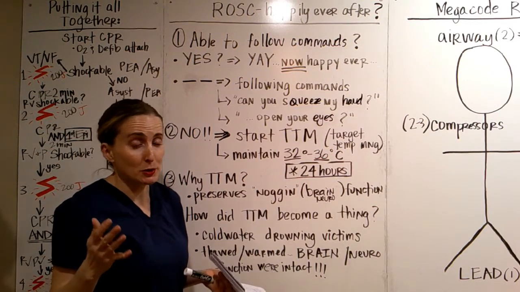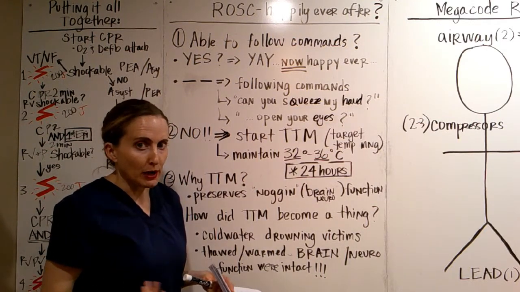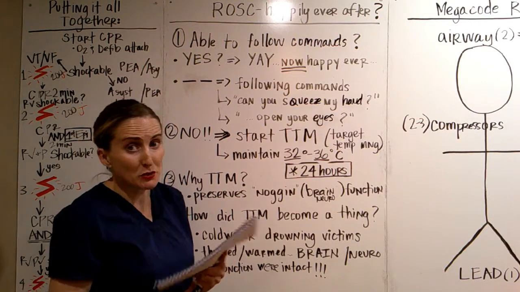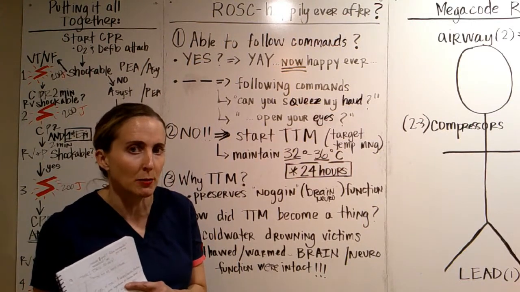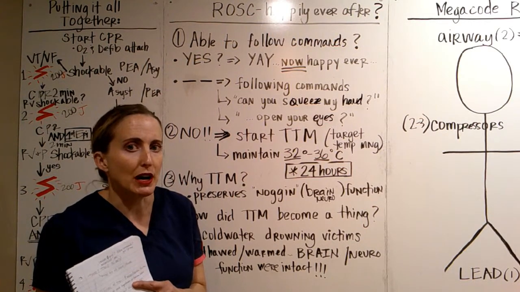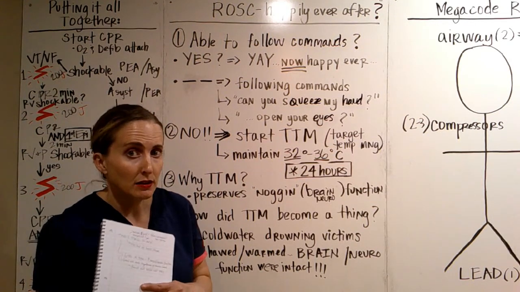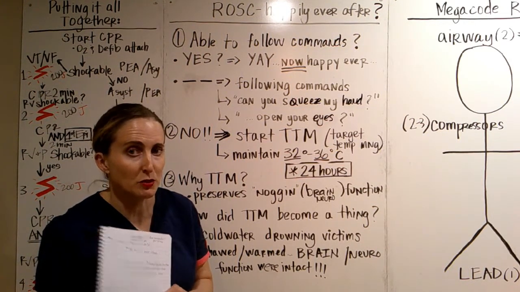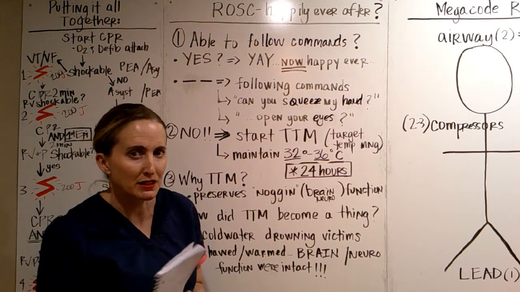Try to monitor their temperature centrally, in their body. A lot of times with these patients, they already have a Foley placed during the Megacode, and a lot of your ICU Foley brands and the ones that hospitals provide have a temperature-sensing Foley hookup.